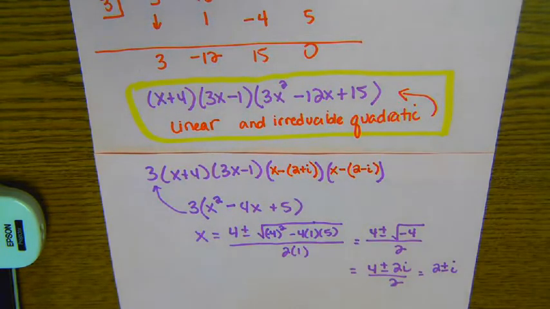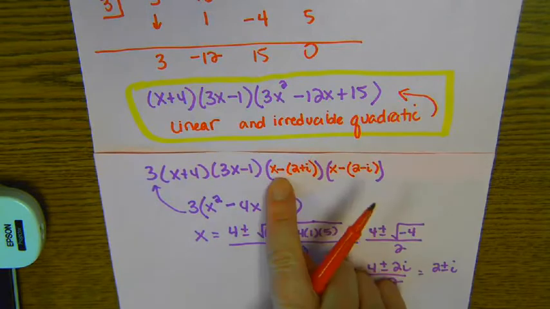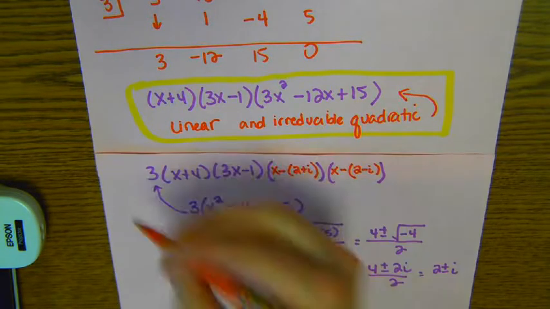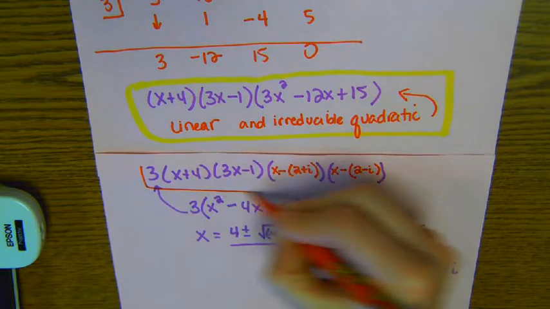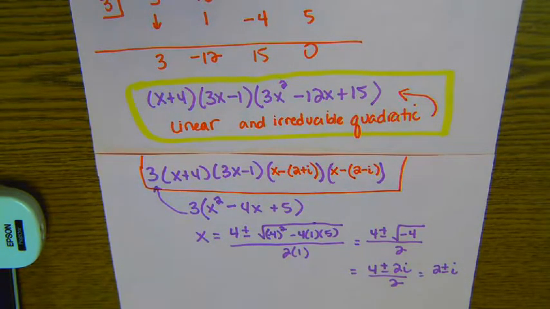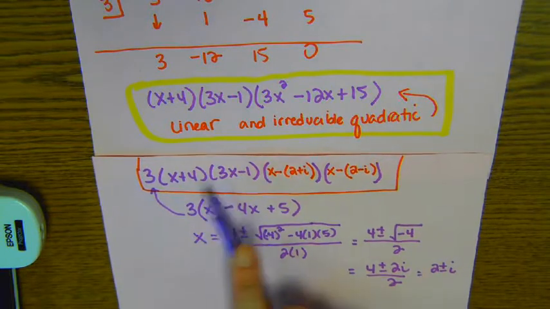Okay, so now if you want to be extra special and get rid of that, distribute that negative, go for it. It's not necessary. You don't have to. So this now is the linear factorization, because they're all x's, x, x, x, x.